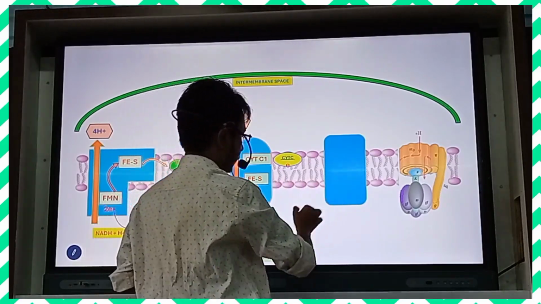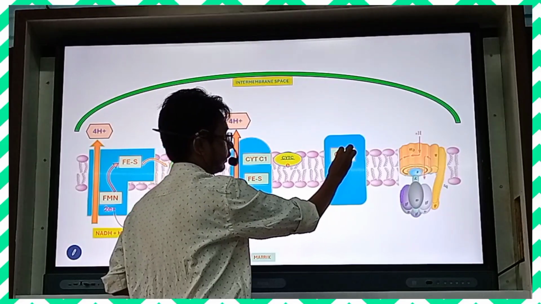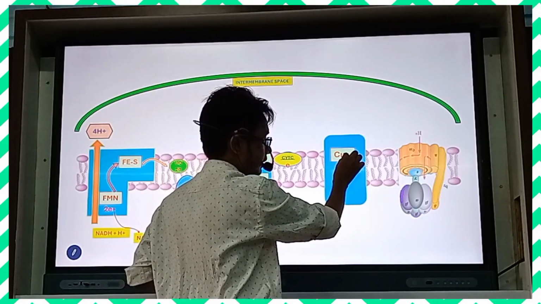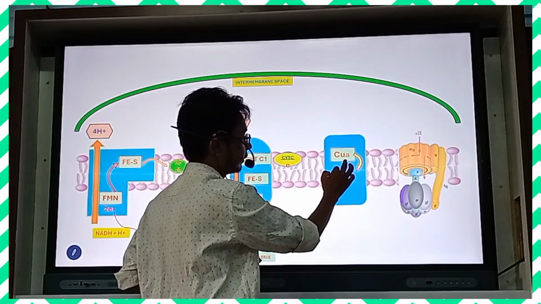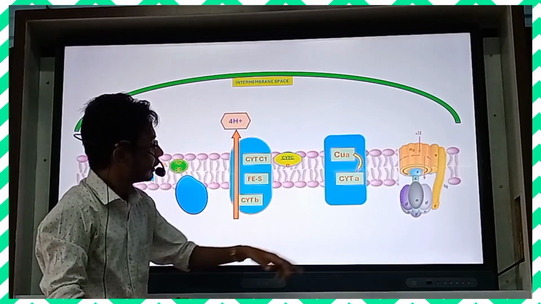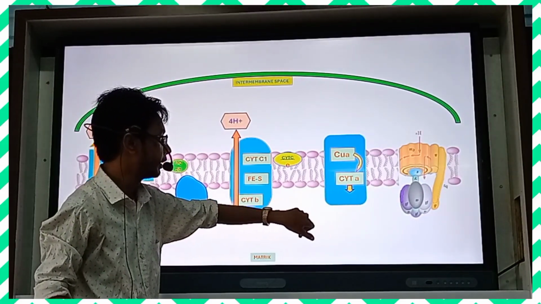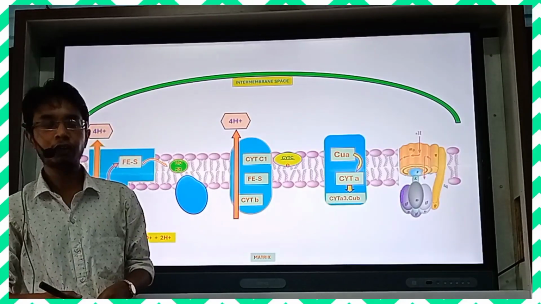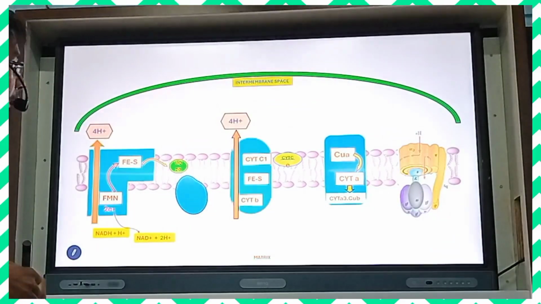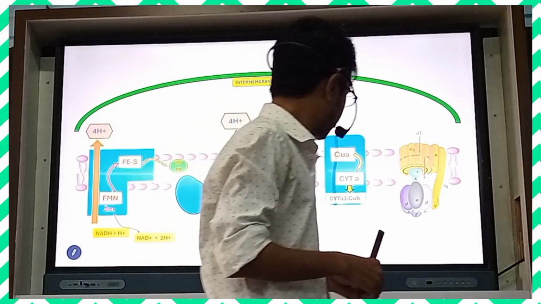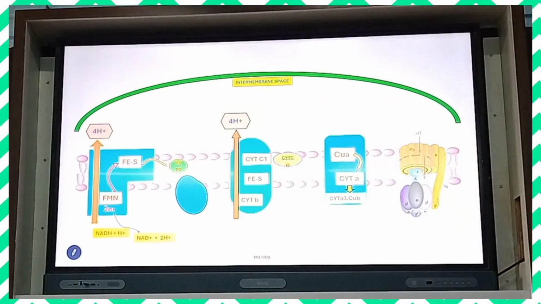Then the electron is accepted by copper A, then by cytochrome a, then by cytochrome a3 and copper B. Cytochrome a3 and copper B are arranged together to form the active center.